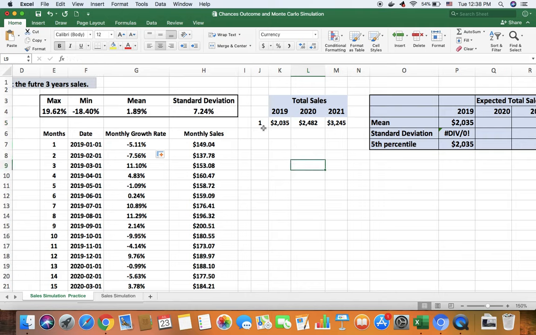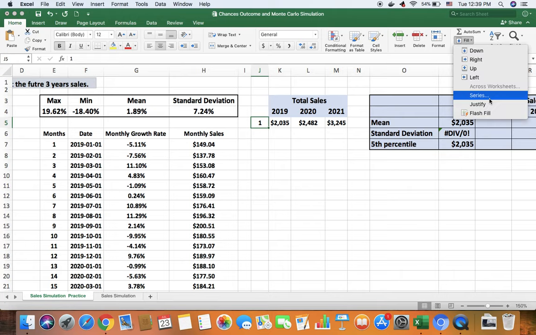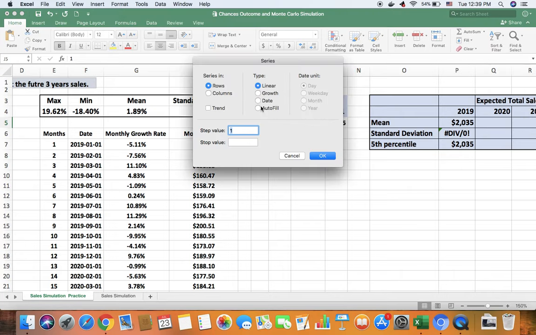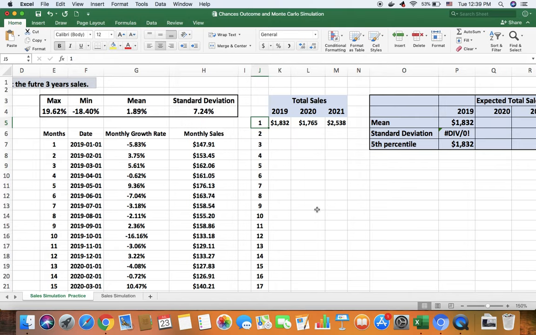Okay, we have one scenario, and now we are going to generate 1,000 scenarios here. Go to Home, then Fill, Series, column, 1000. Okay, we have 1000.